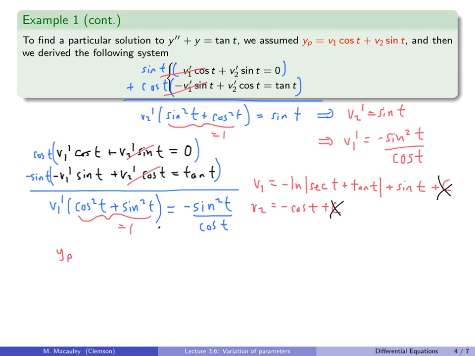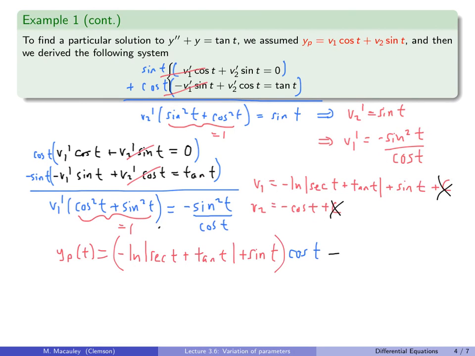So yp of t equals v1, which is negative natural log of secant of t plus tangent of t plus sine of t, times cosine of t, plus v2, which is minus cosine of t, so maybe I should say minus v2 times sine.